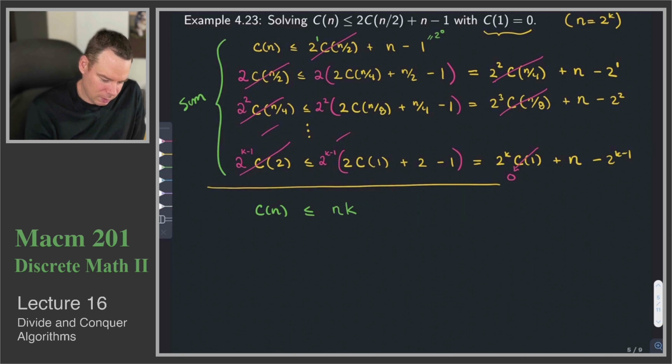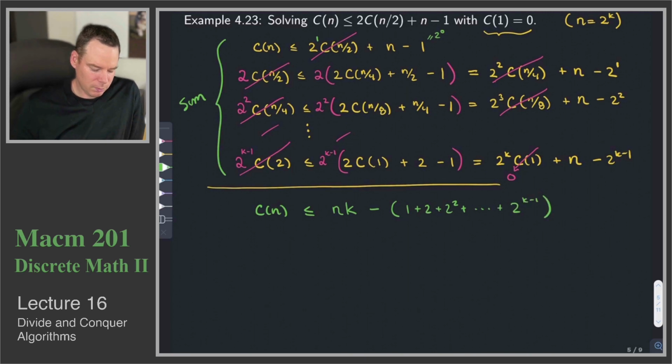But then I also get negative 1 minus 2 to the power of 1 minus 2 squared, all the way up to minus 2 to the k minus 1. So I get minus 1 plus 2 plus 2 squared plus dot dot dot all the way up to 2 to the k minus 1. That's a geometric series.